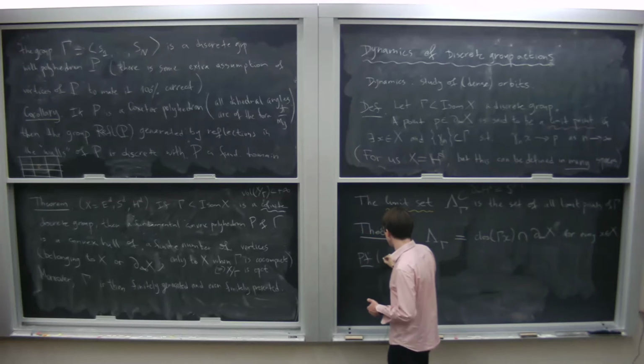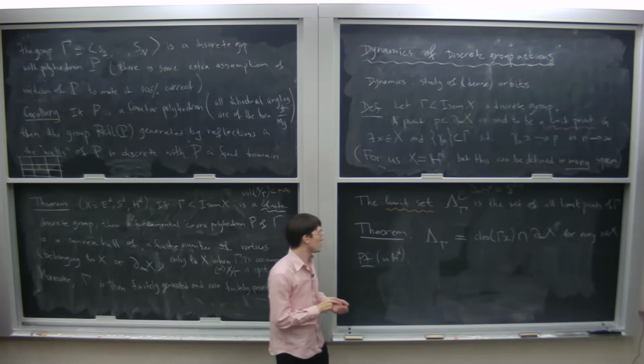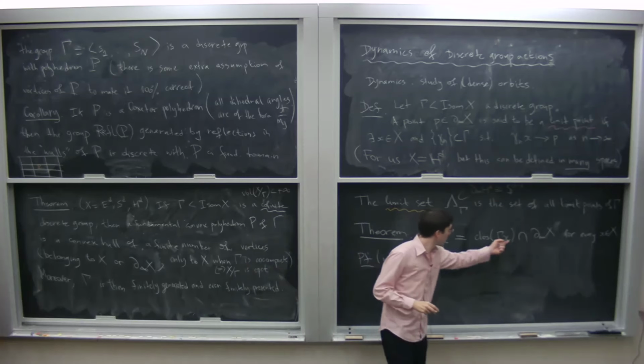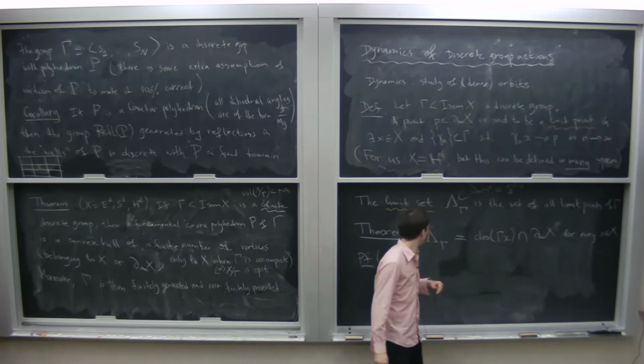Let us try to prove it. And again, I'm proving this in H^d. So suppose I have an orbit, and suppose I have some limit points from lambda gamma.